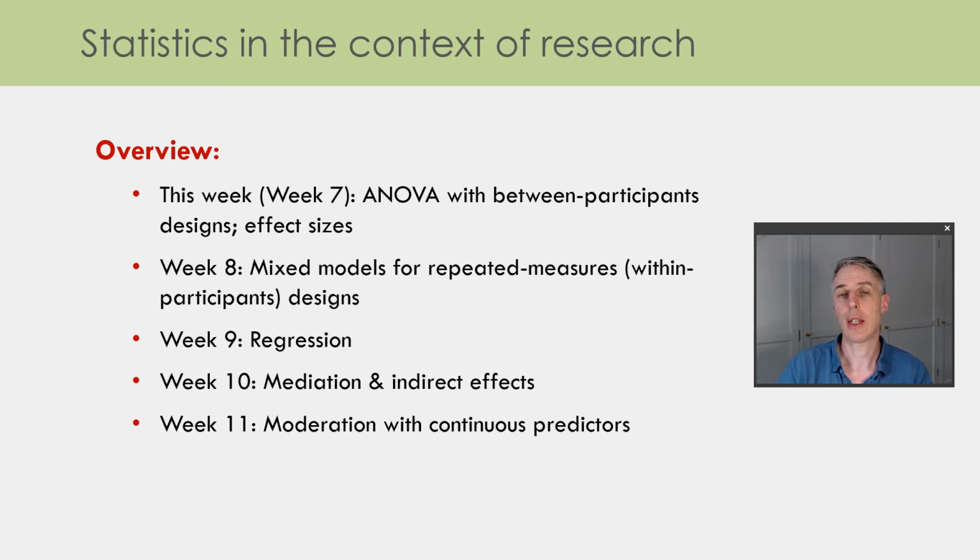Then in week 9, I'll be shifting to talking about regression. Some of that will be covering material that will be somewhat familiar to you, particularly from last year, but then moving into newer approaches such as analysis of cross-lagged panel designs as a way of trying to strengthen the causal inferences that we can make from our analyses.